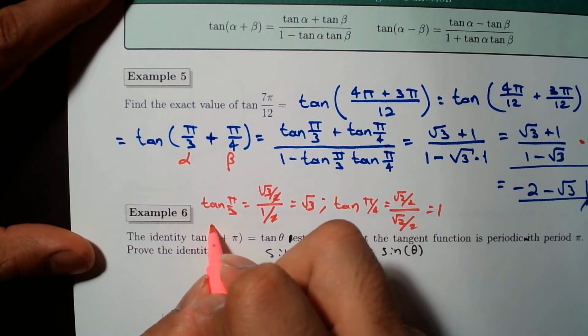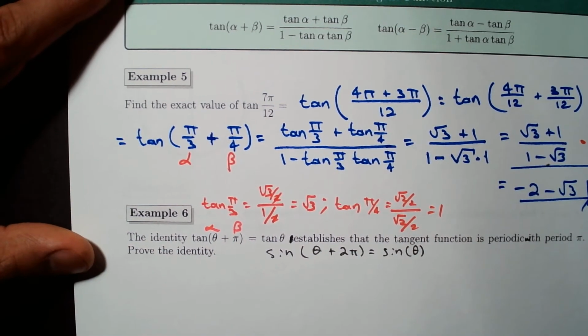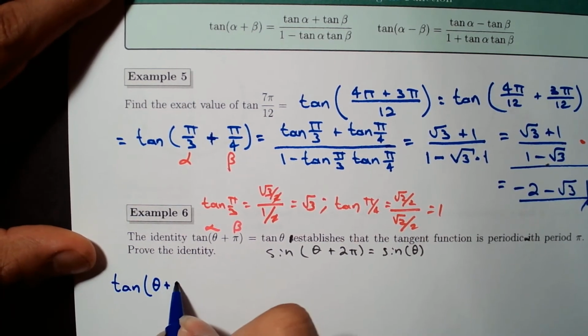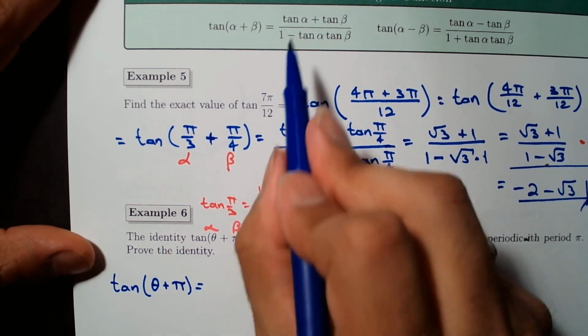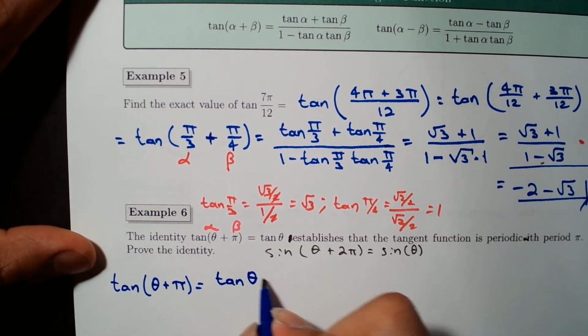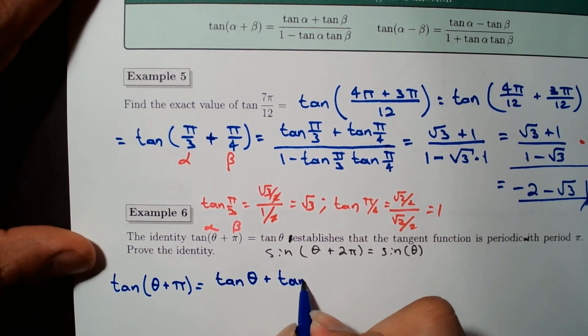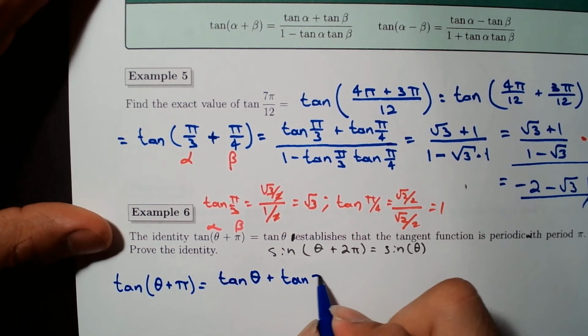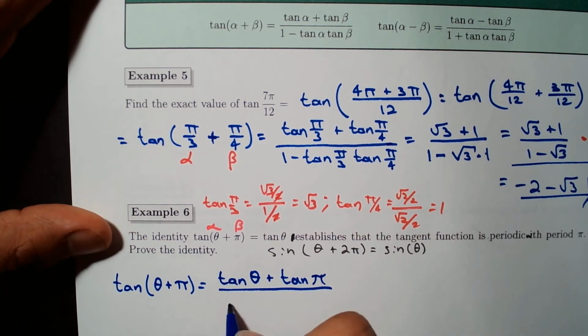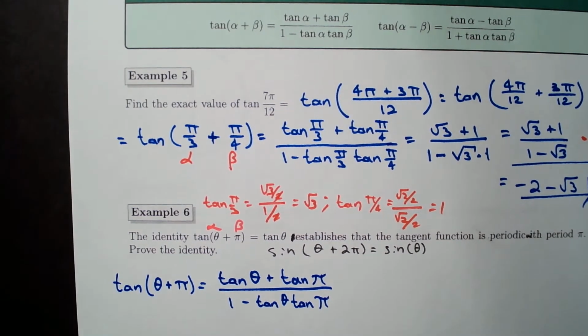This is alpha, this is beta, and tangent of theta plus pi is going to be tangent alpha plus tangent beta, in other words, tangent theta plus tangent of pi, over 1 minus tangent theta tangent pi.